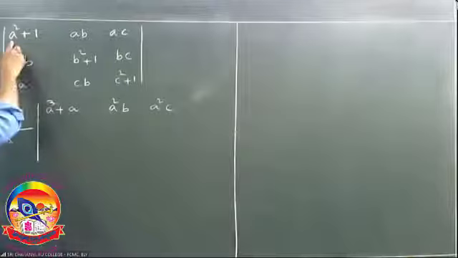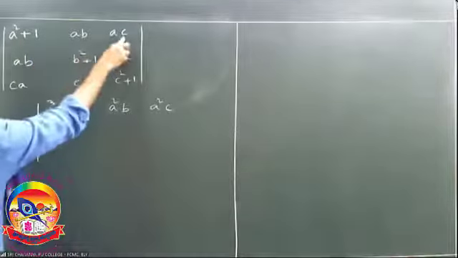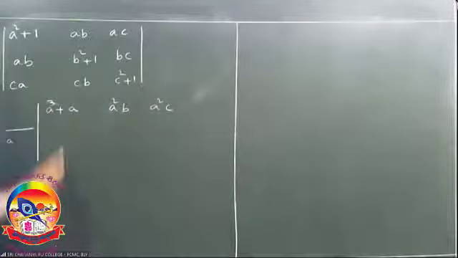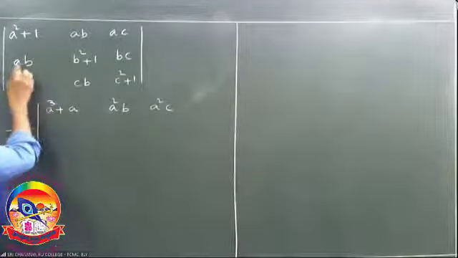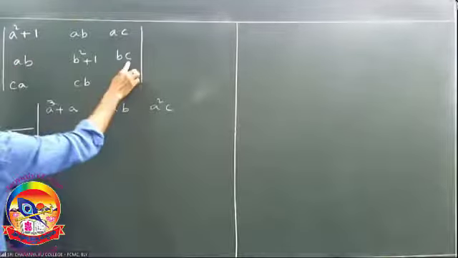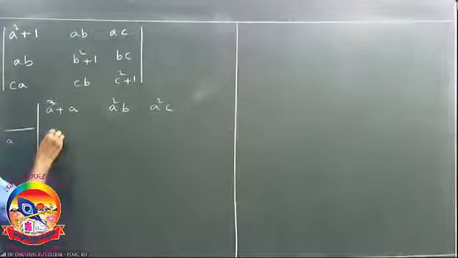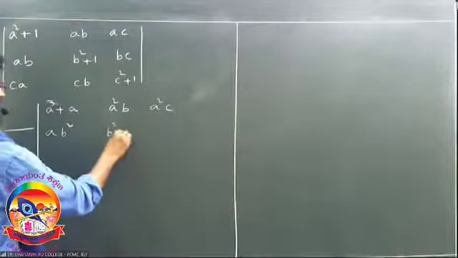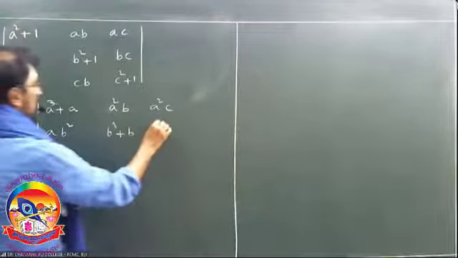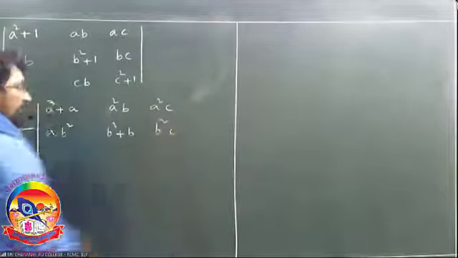I am going to multiply this entire row with a, then I should divide by a. Now similarly, multiply this row with b. It becomes a b square, b cube plus b, and here it is b square c.